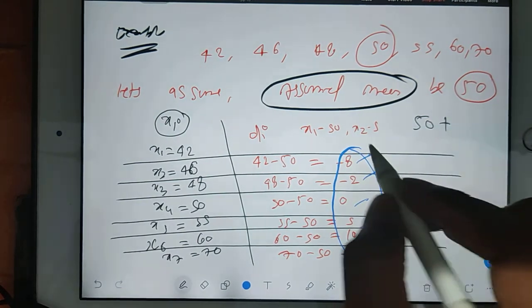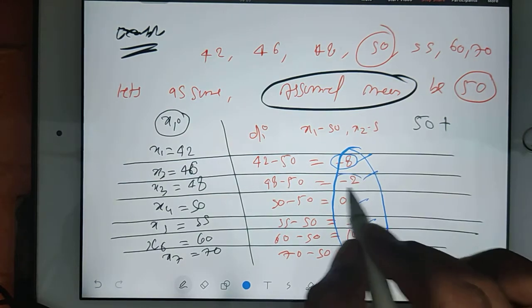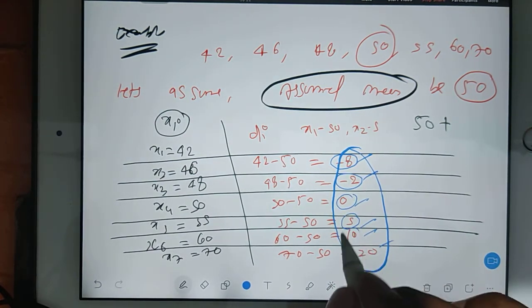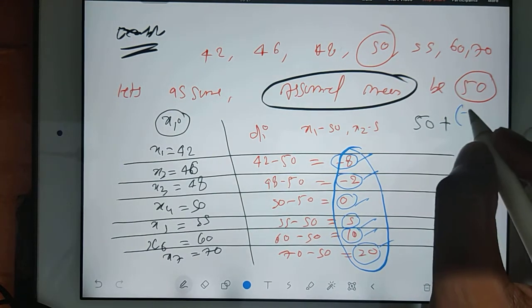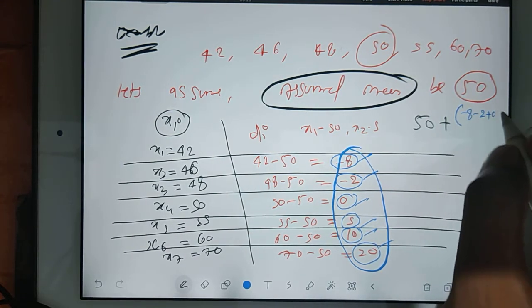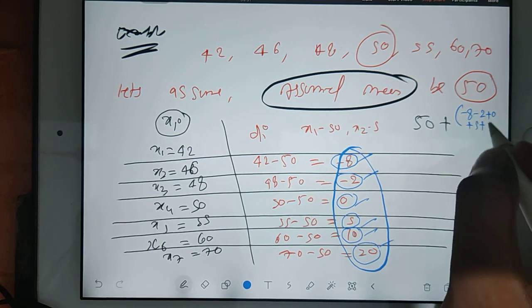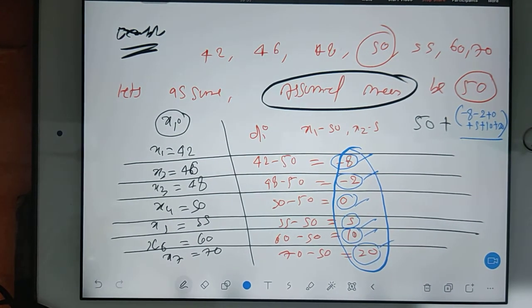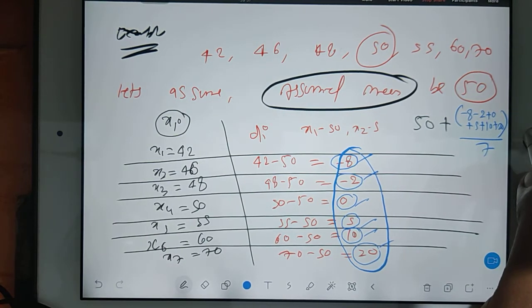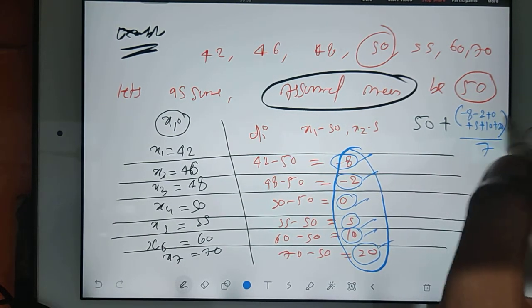So minus 8, minus 2, plus 0, plus 5, plus 10, plus 20 you add together, and how many numbers are there? They total 7 numbers. Then whatever answer will come, that will be your answer.